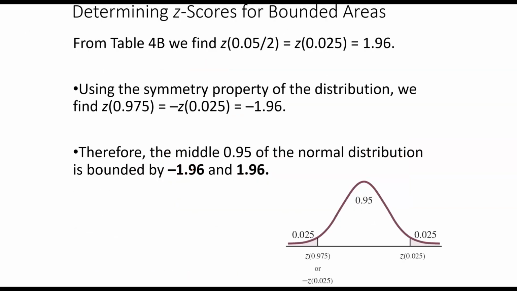Determining z-scores for bounded areas. From table 4B, we find z of 0.05 over 2, which is equal to z of 0.025, to be equal to 1.96. Using the symmetry property of the distribution, we find that z of 0.975 is the negative of z of 0.025, which is negative 1.96.